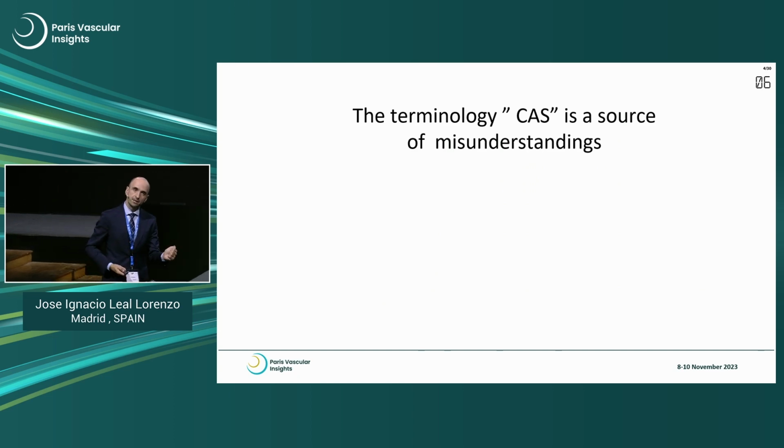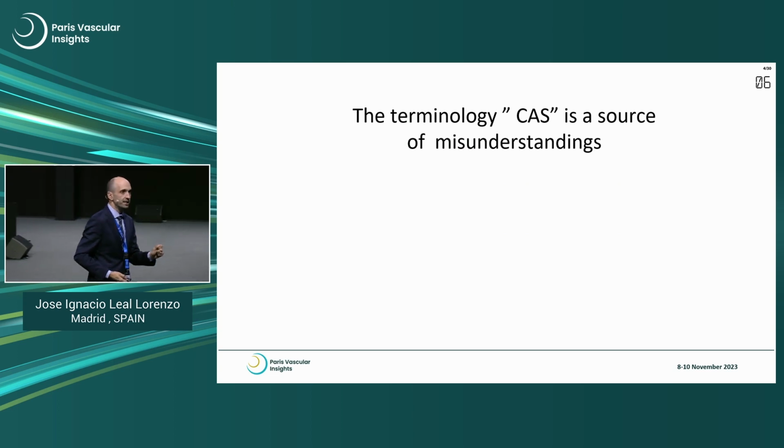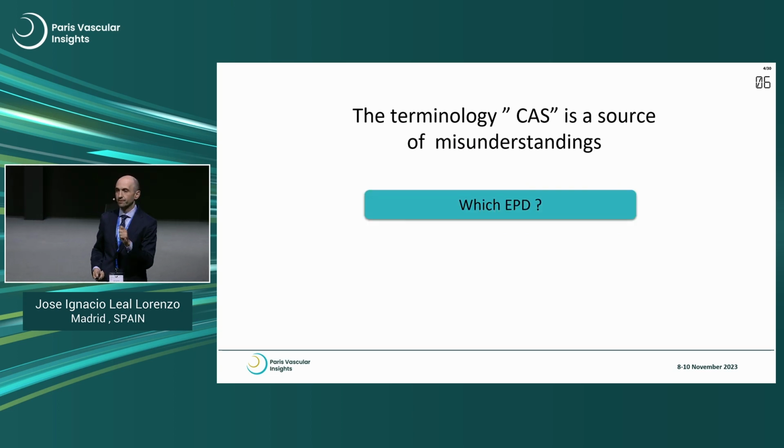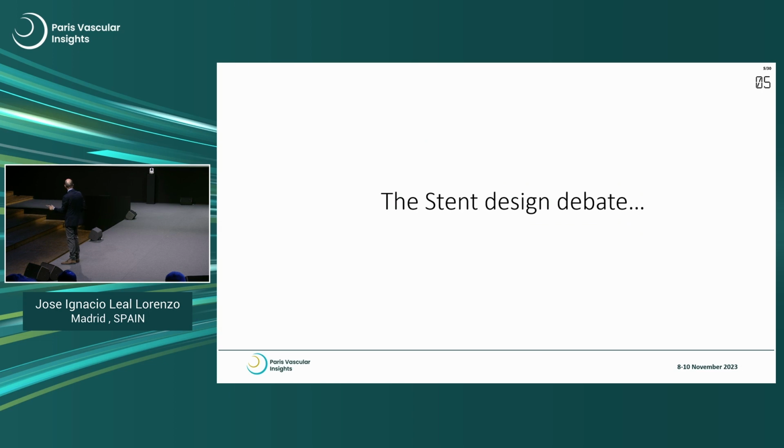But let me tell you that this terminology, carotid artery stenting, is a source of misunderstandings that we have been living with. The embolic protection device you use, the stent you use, and your access route will be playing major roles in your travel to success.